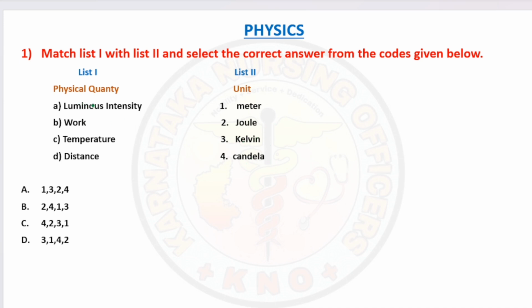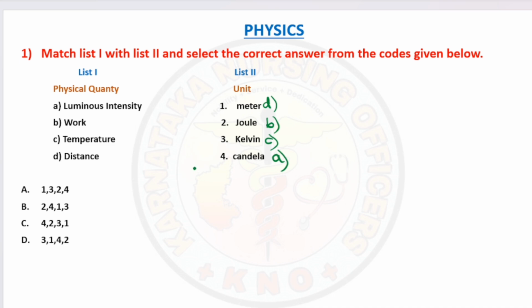So here luminous intensity is measured in candela. So here it is option A. And work is measured in joule. It is option B. And temperature is measured in Kelvin. It is option C. And distance is measured in meter.